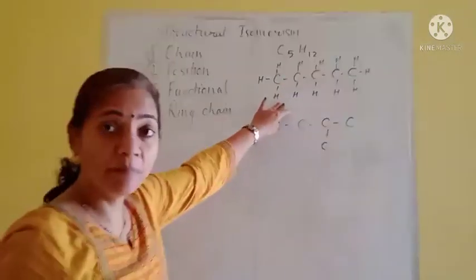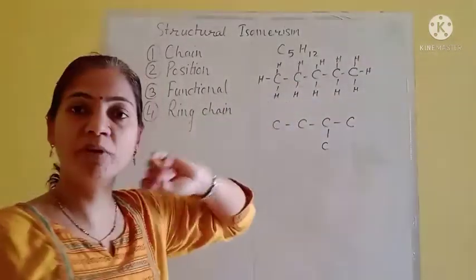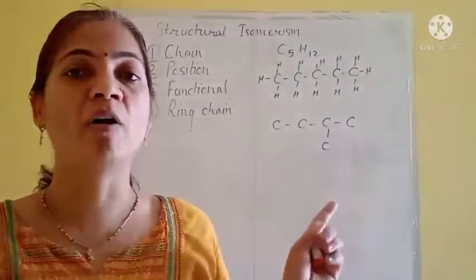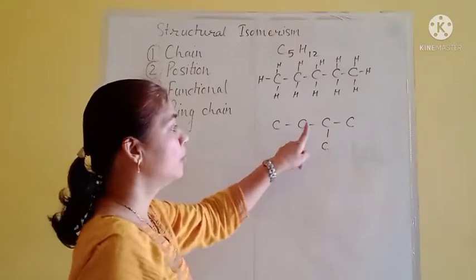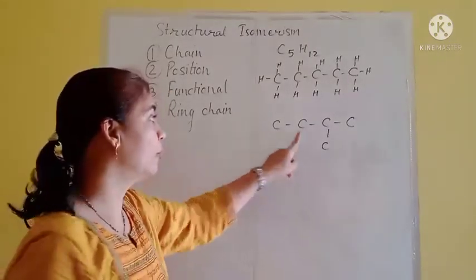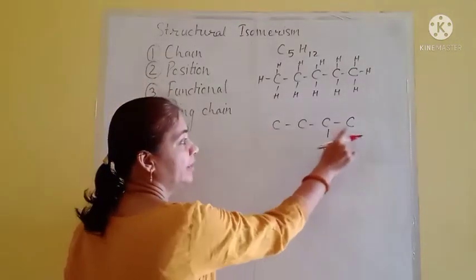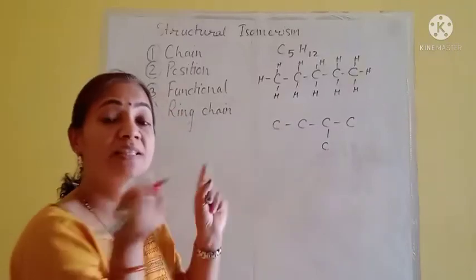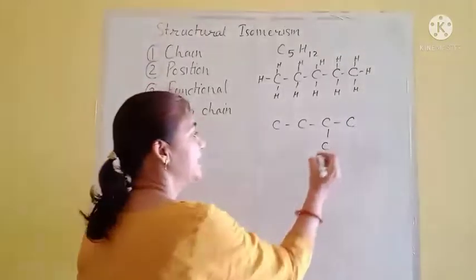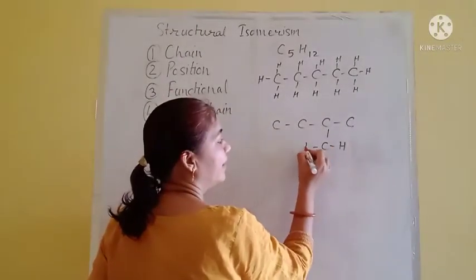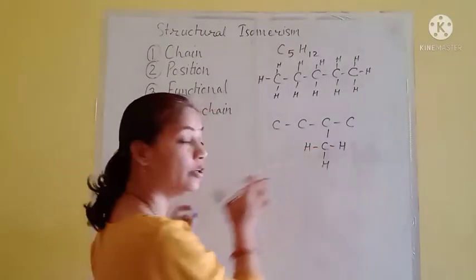So this is a different compound. What will be the name of the compound? The name of this compound will be pentane. Whereas when I write the name of this compound, this basic chain is 4 carbon. So this is butane, and this is a group which is methyl group. When I write CH3, it's a methyl group.